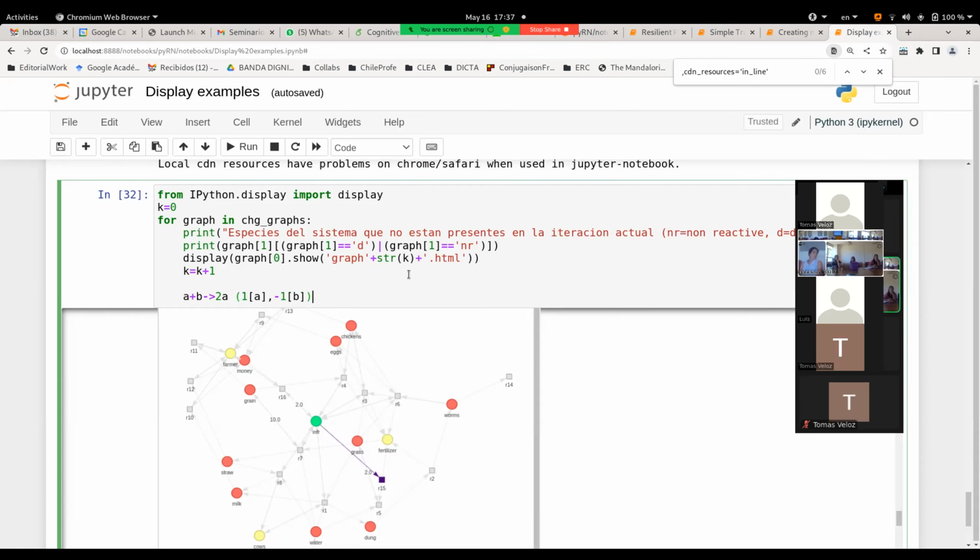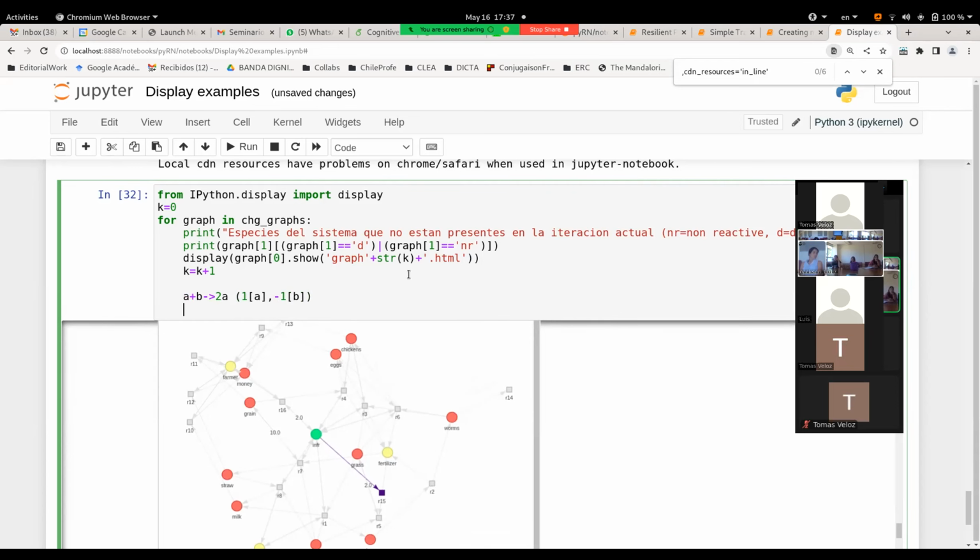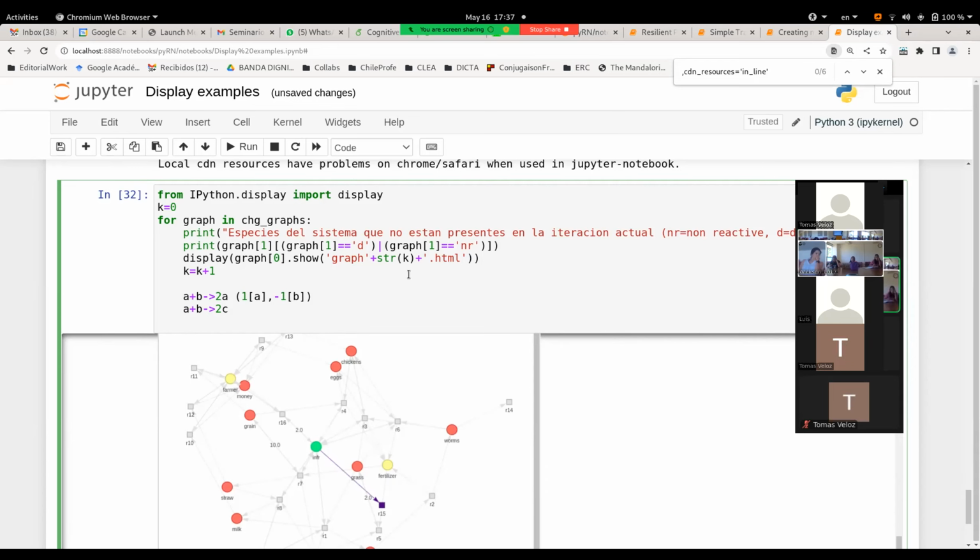But what if, and this is not going to make sense directly from a traditional ecological perspective, they become something that then interacts with something else and produces 2C?